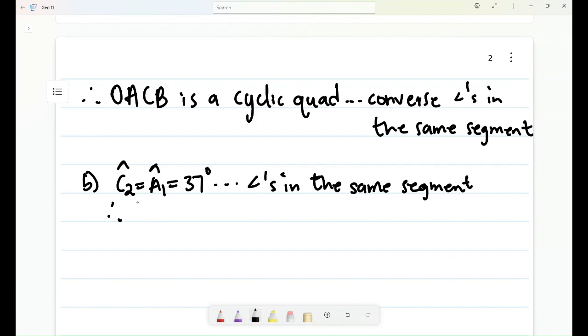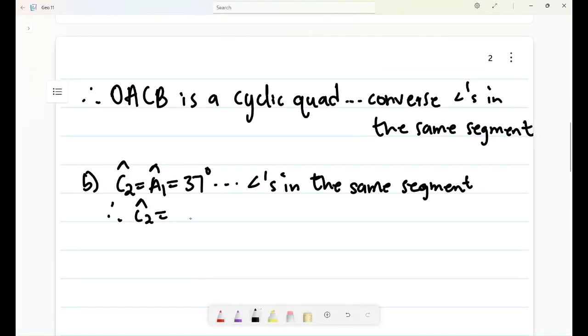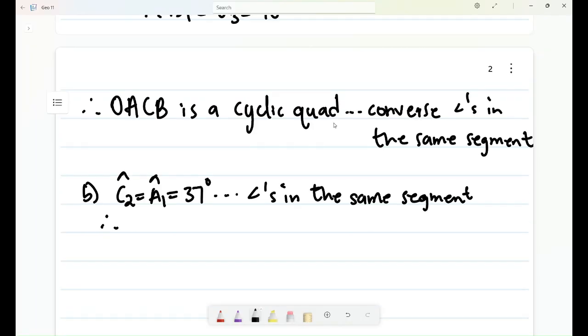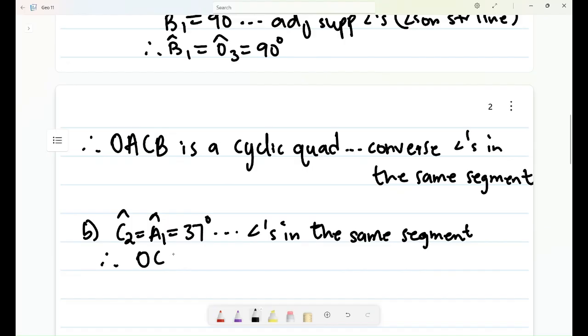Therefore, if you have proven that angle C2 is equal to 37, those two lines are parallel. Which two lines? OC is parallel to PN. What's going to be your reason? Converse alternate angles, or you can say alternate angles are equal.